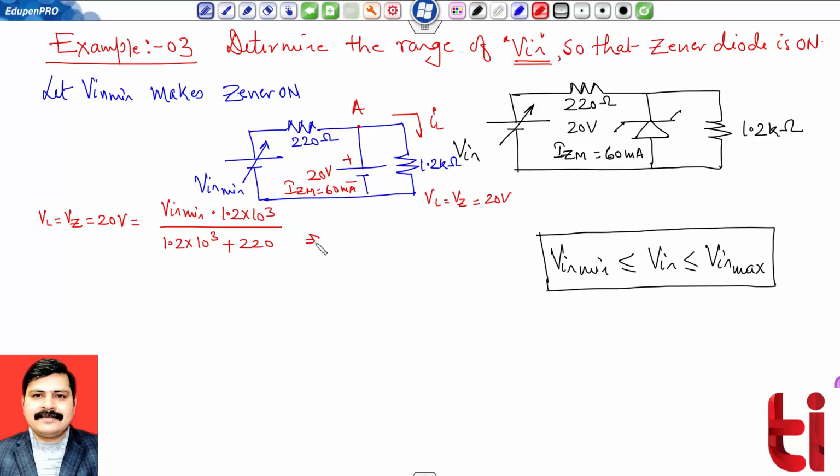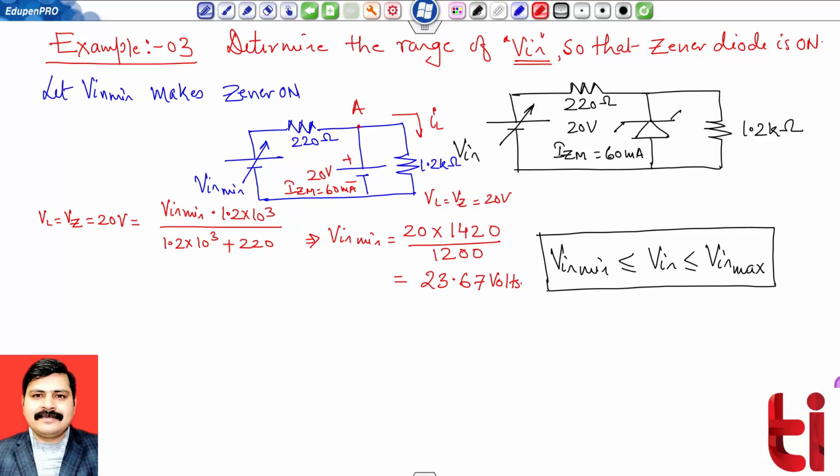So let me write Vin min will be equal to 20 multiplied by 1420 divided by 1200, and Vin min will be 23.67 volts. So this we have calculated.